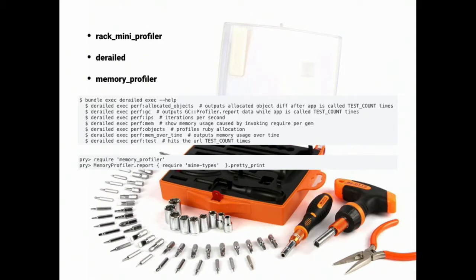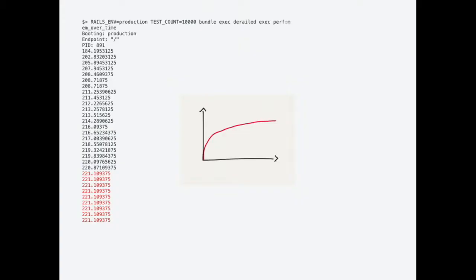And it prints out pretty comprehensive reports for a block of code, for instance, which is demoed in the middle. I hope you can see that, where we evaluate a block of code and get a pretty comprehensive report about what memory is allocated from where. So which file, which gem, which code location, etc.